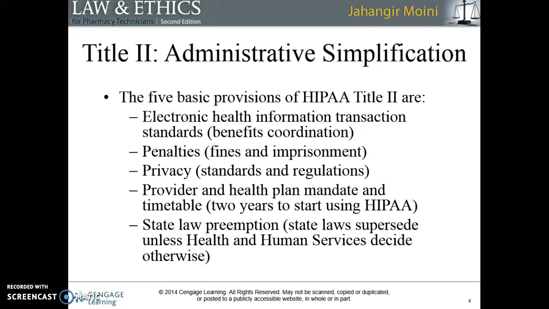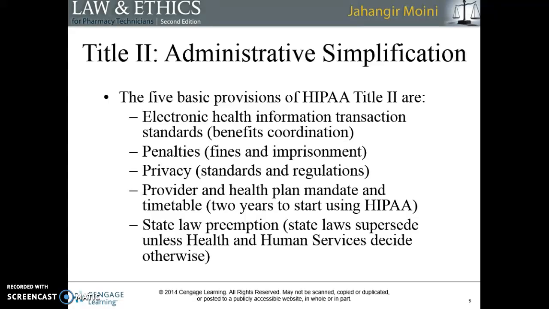So there are 5 basic provisions of the Title II part of HIPAA. It's that whole idea of benefits coordination. That's where the electronic health information is part of it. When it's submitted through electronic means, we don't have to go back and forth when you have more than one health insurance, that type of thing. There are penalties assigned, so if you don't do what you're supposed to do, there are penalties.